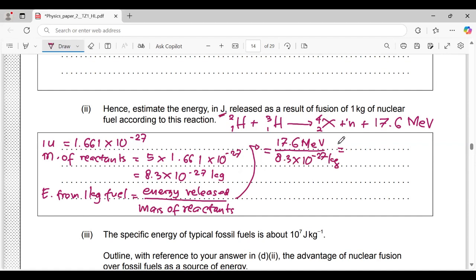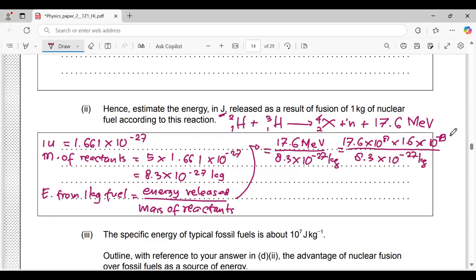If you convert, 17.6 million electron volts should be 17.6 times 10 power 6 times 1.6 times 10 power minus 19, over 8.3 times 10 power minus 27 kg.